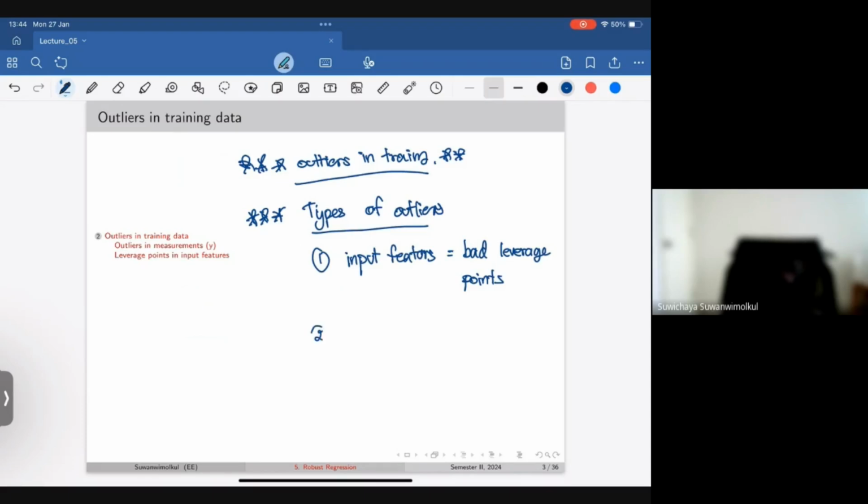For the second type, we call it outliers, just outliers, or measurement outliers.